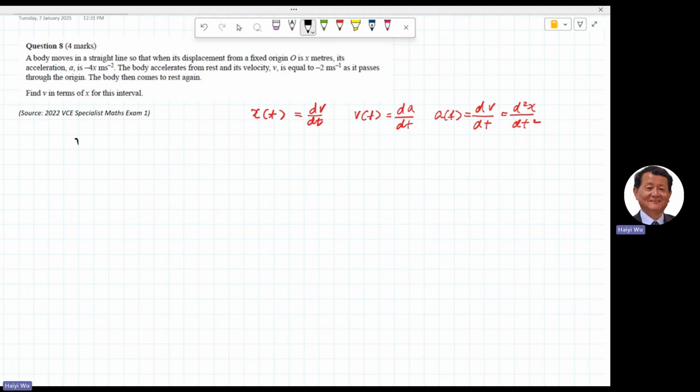So we are given the acceleration, a(t), in relation to displacement, which is -4x(t).